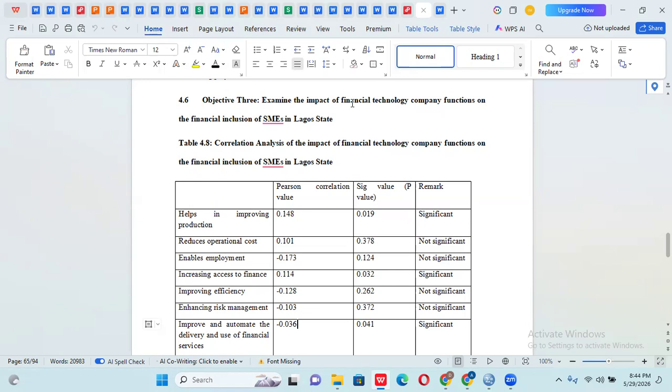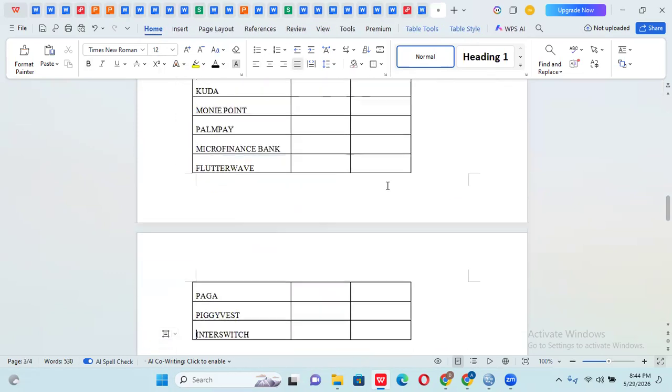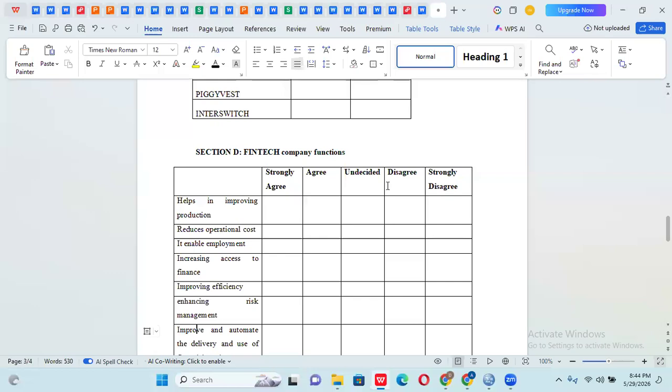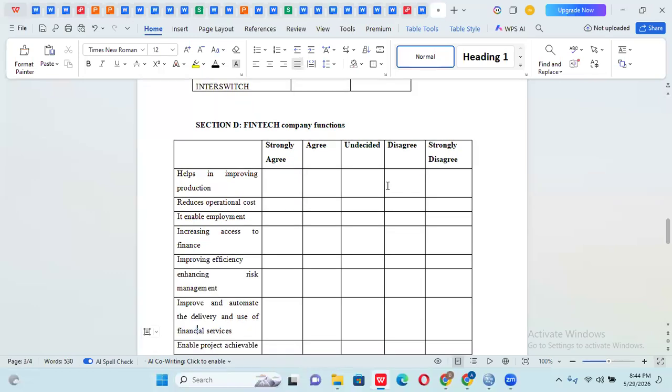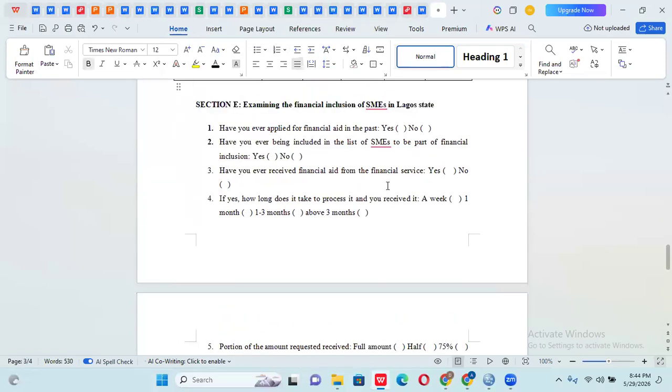Are you with me? They have options. Let's check them out. Now, fintech company functions, you can see down. It has options. So let's go to financial inclusion. Financial inclusion also has options, yes or no, yes or no, yes or no.